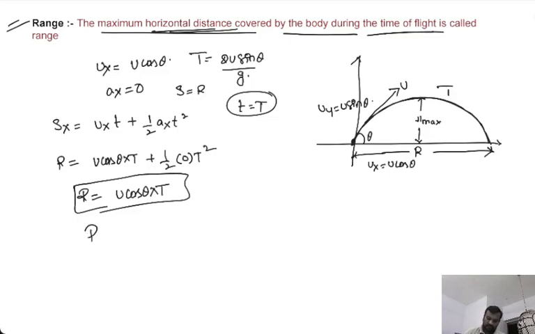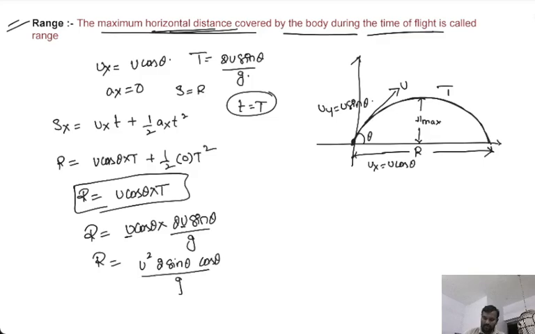Then R is equal to u cos θ into the time of flight formula, 2u sin θ divided by g. So now you write R is equal to u into u, which is u², then 2 sin θ cos θ divided by g.